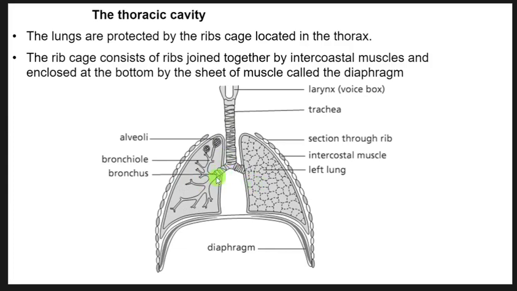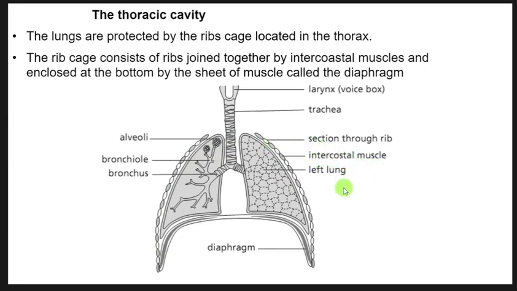This bronchus again divides into smaller tubes called the bronchioles, and at the end of the bronchioles we find the alveoli, which are the air sacs. Then the lungs are covered by the rib cage, consisting of ribs, and the ribs are joined by muscles called intercostal muscles.